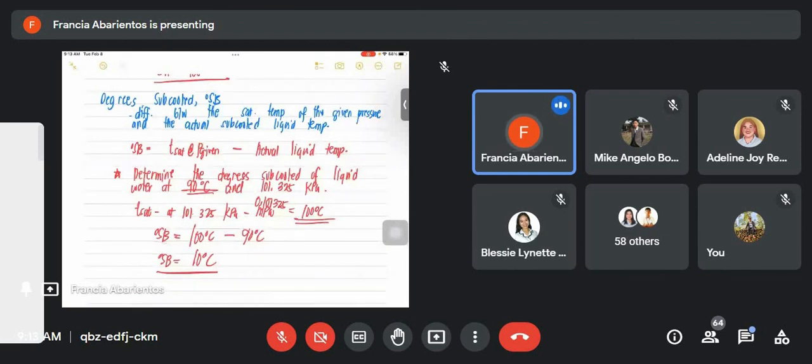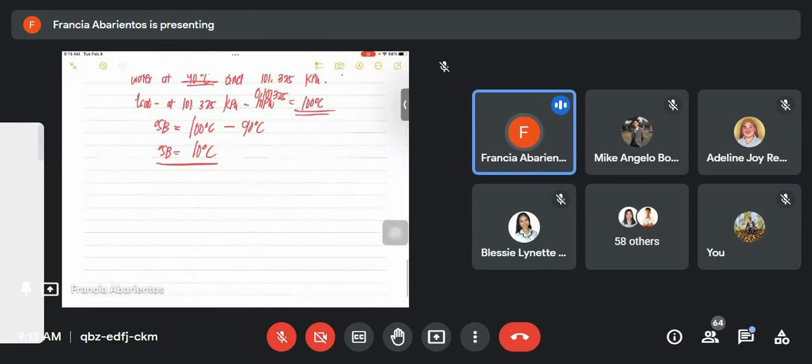Now, we move on to the wet vapor. So, what is the wet vapor?